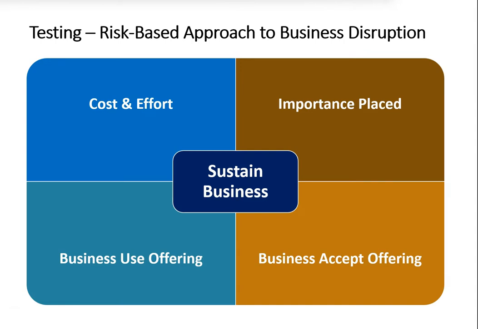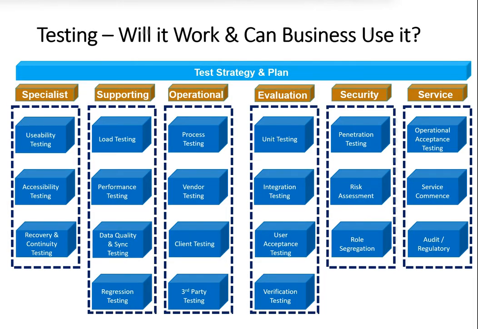The decision to sustain business on a risk-based approach factors cost and effort, the importance placed on testing, and the acceptance and use of the offering from the project. There needs to be an overall strategy and plan to testing. A range of areas are tested on a risk-based approach in a variety of ways.